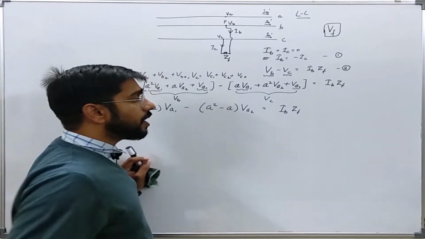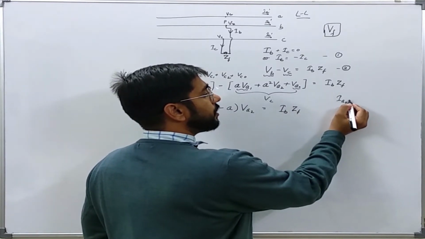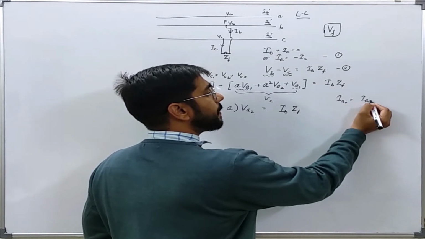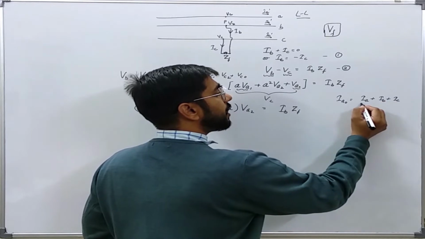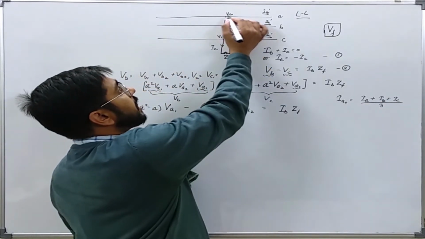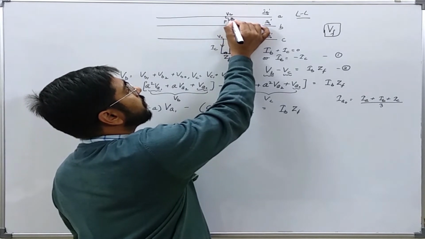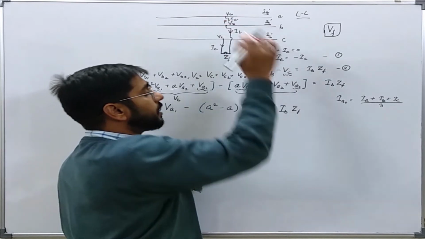Now we also know that IA0 is equal to IA plus IB plus IC divided by 3. Now this IA into the fault is equal to 0 because it is open here.